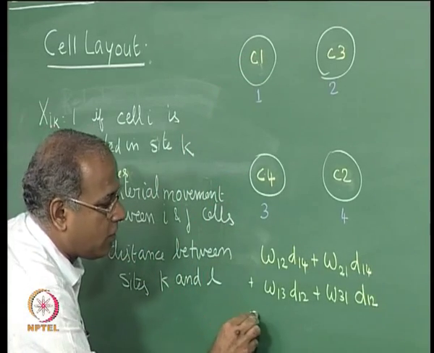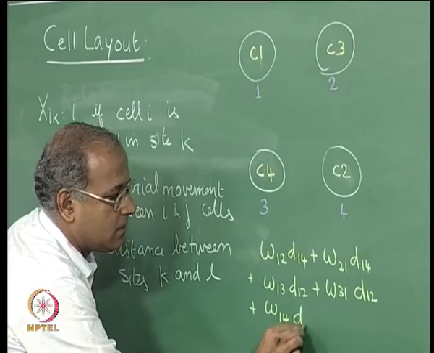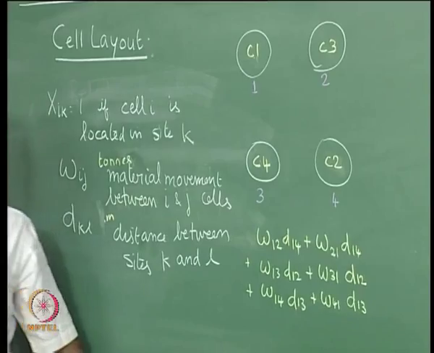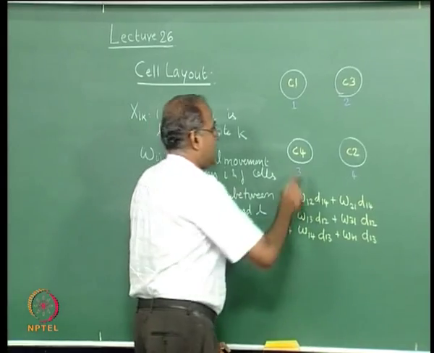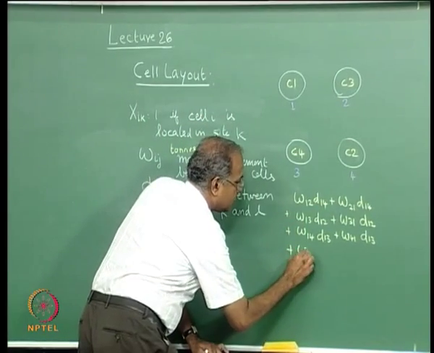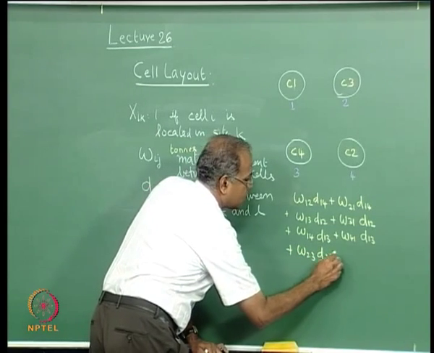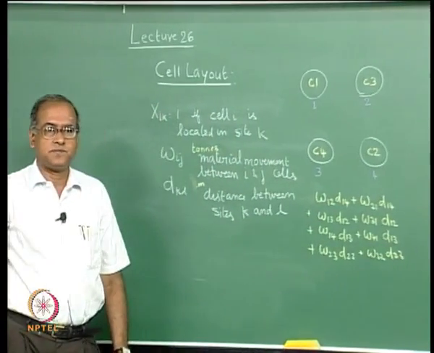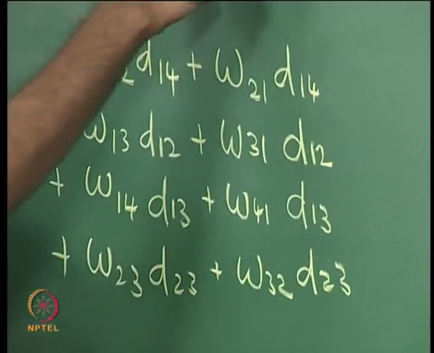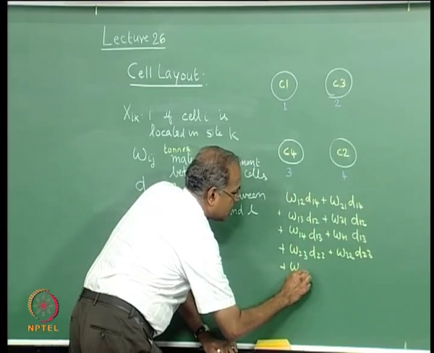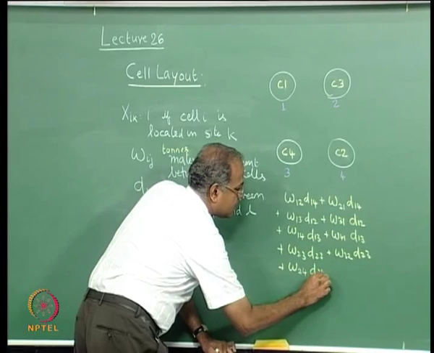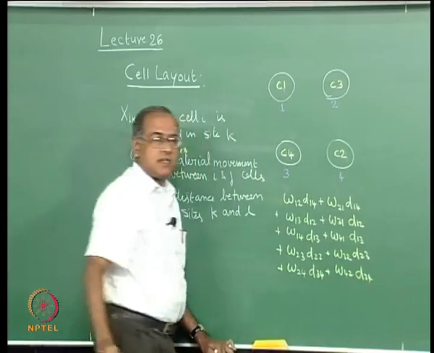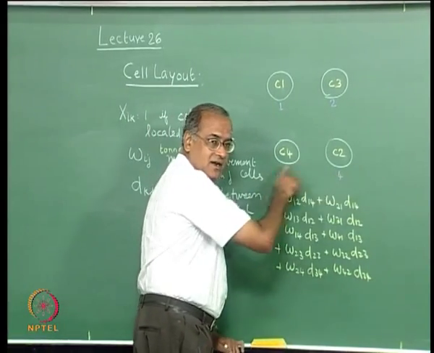Between cells 1 and 4, W14 d13 plus W41 d13. Between 2 and 3, W23 d23 plus W32 d23. Between cells 2 and 4, W24 d34 plus W42 d34, because this distance is between 3 and 4.